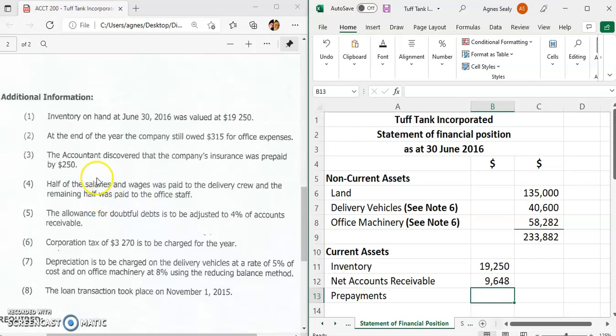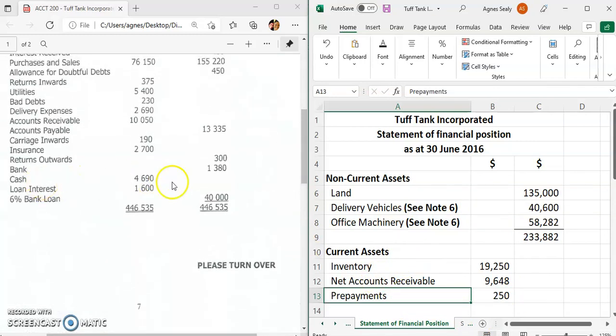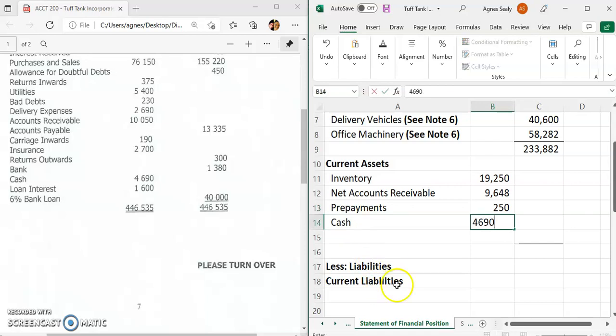We just have one, which is the accountant discovered that the company's insurance was prepaid by $250. So we put in the one that we have. And the only other thing that we have to add there will be cash of $46.90. So we can just total here.